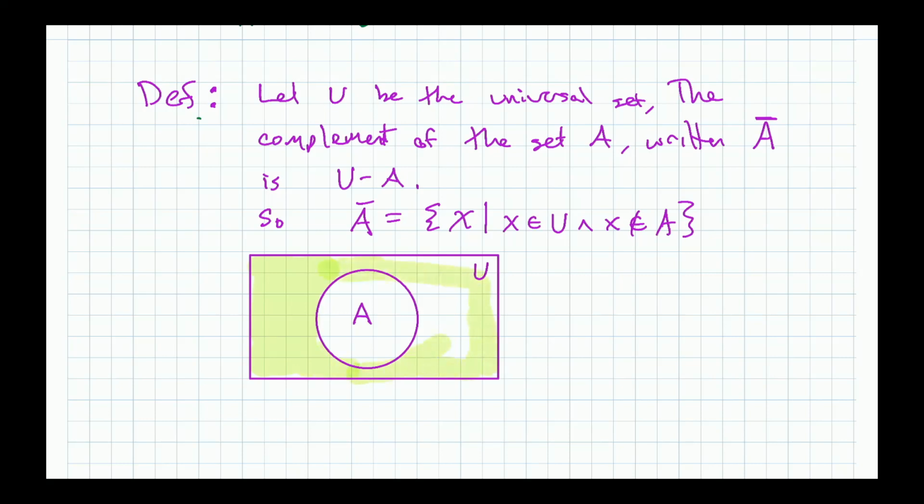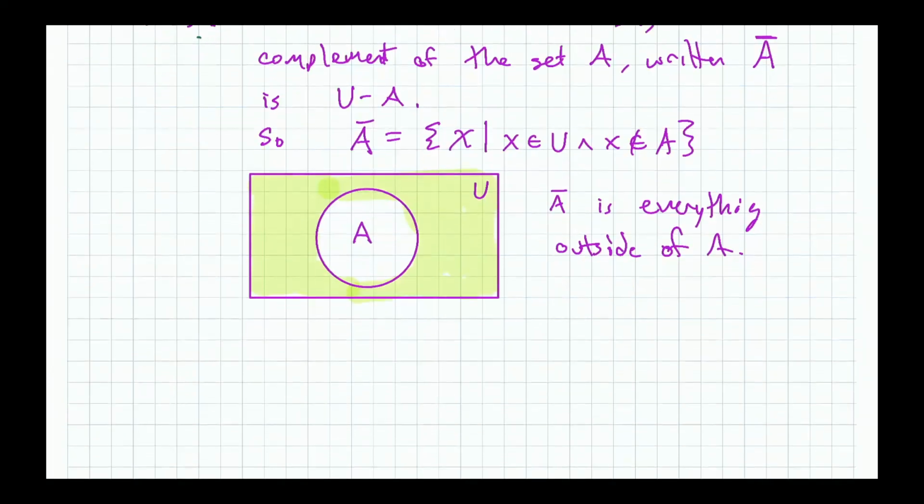Not going to do a good job coloring in the lines, but it's fine. Okay, so that's the complement. A complement is everything outside of A, and that is the set complement of A, or just complement A.